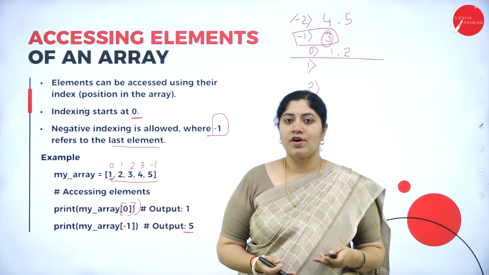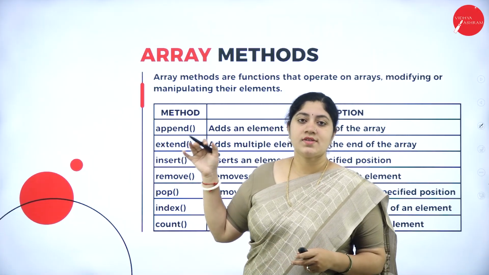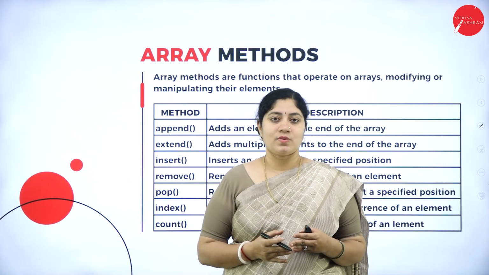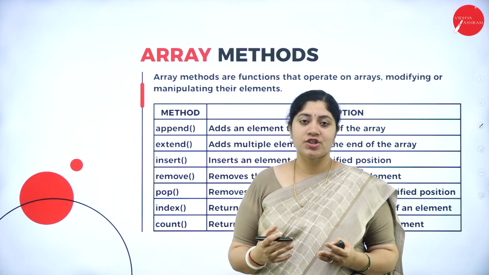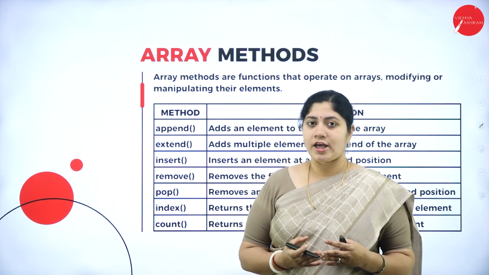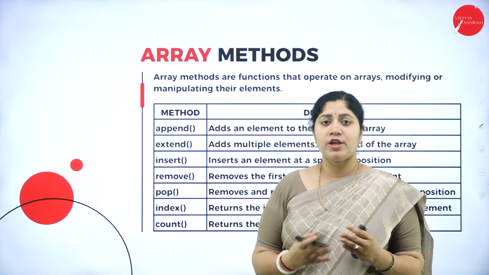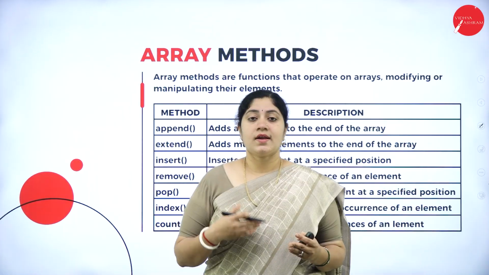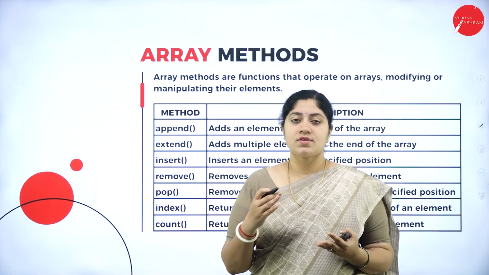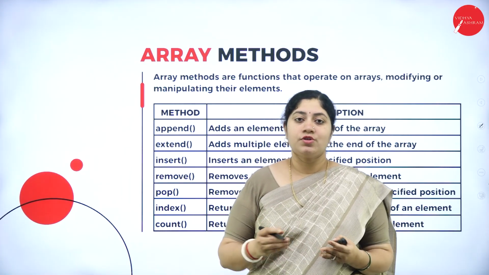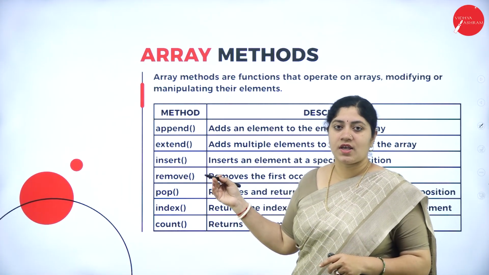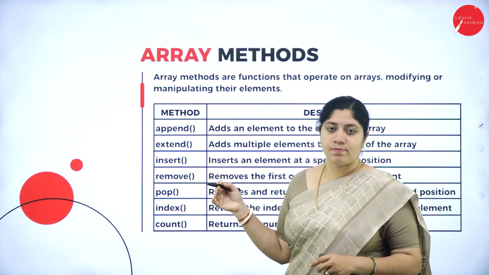Now let's move forward and see what a method related to an array is. As we know, methods are simple functions that operate on arrays, manipulating and modifying their elements. It is a simple method, but it will be very effective. Now let's understand how to define that method.